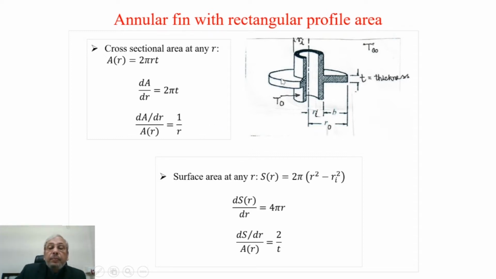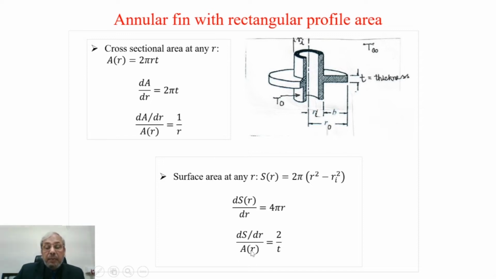Similarly, up to any radius r, the surface area is 2 pi (r squared minus Ri squared). And dS by dr is then 4 pi r. So dS by dr divided by A is 2 by t.